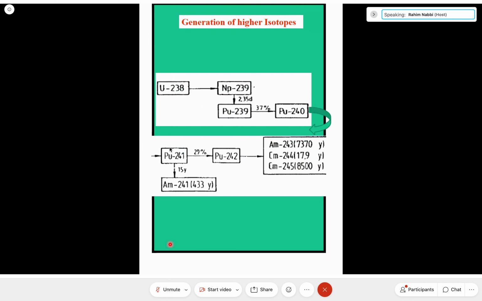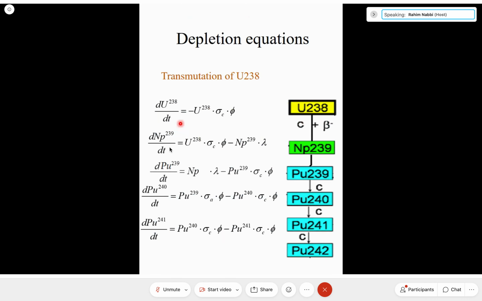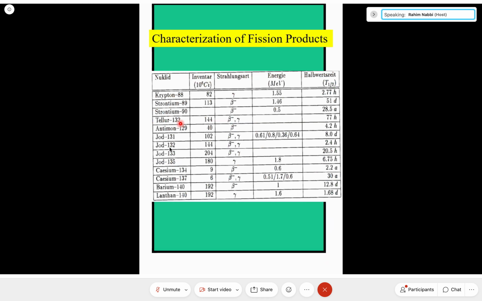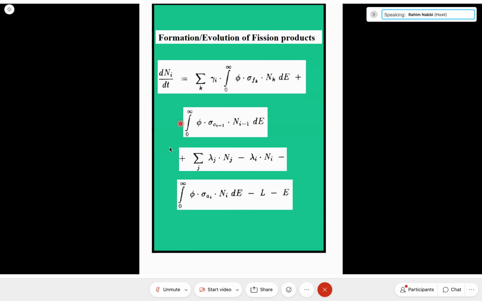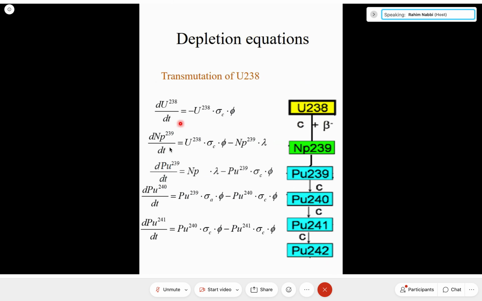So the next one is uranium-238. Remember what happens with uranium-238? We discussed that.